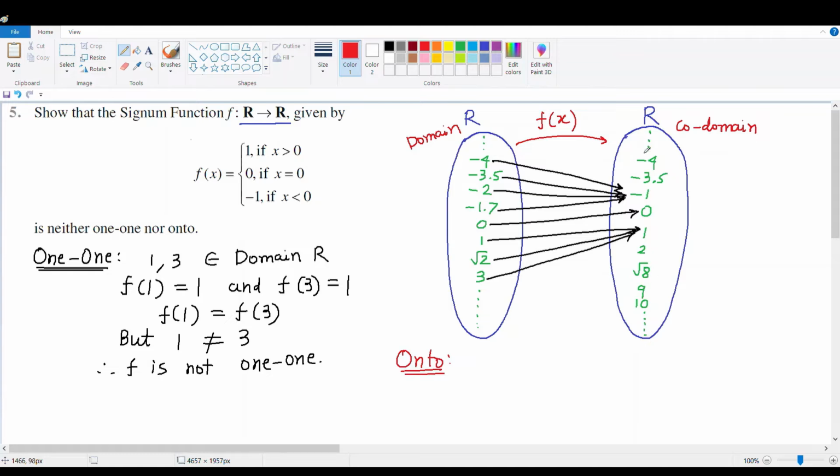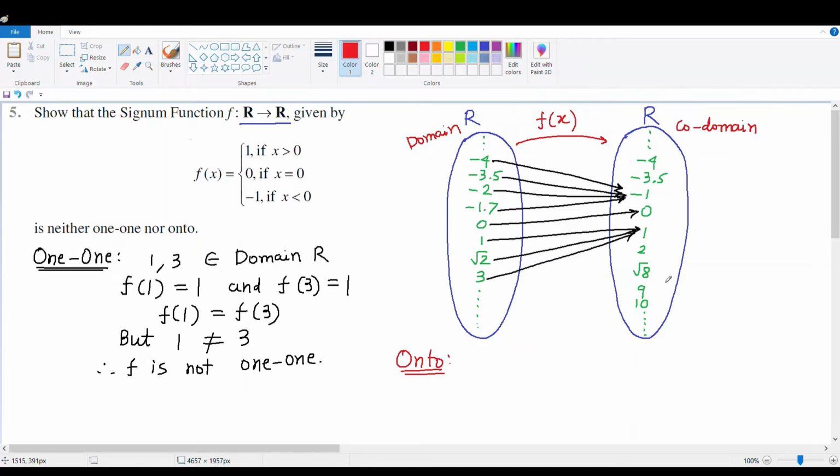Every other number is free. So you can find infinitely many examples in this codomain that do not have a pre-image in this domain. So pick any of them and state that it is not onto.